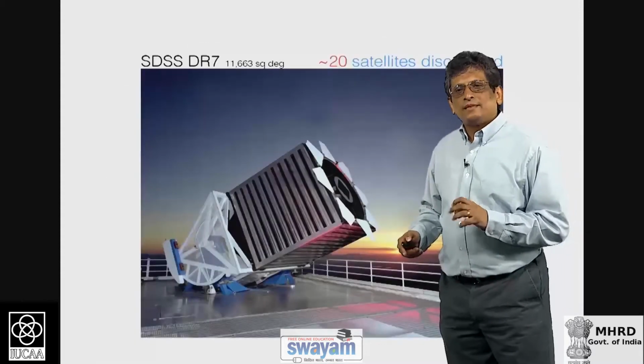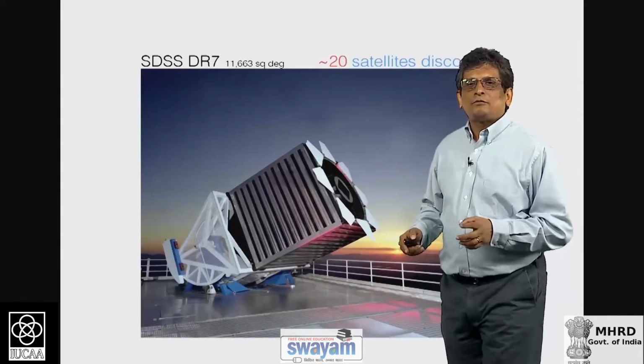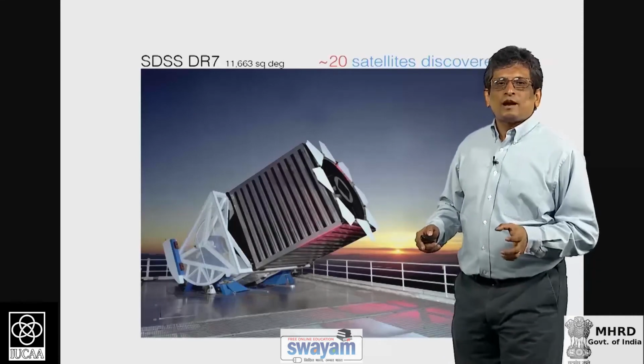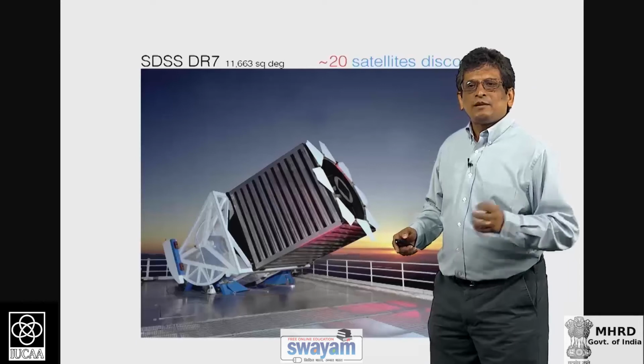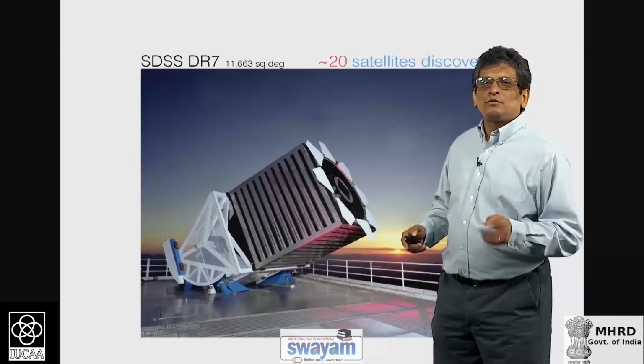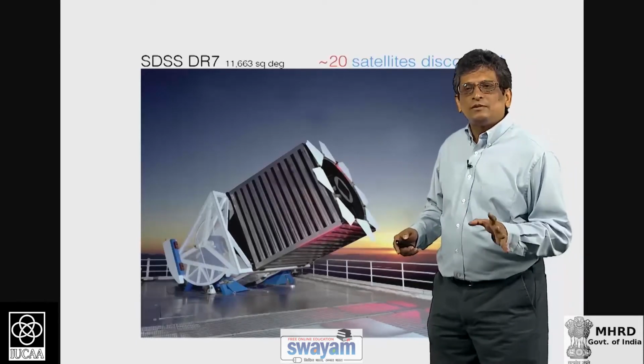And this is often done from what is known as the Sloan Digital Sky Survey. The DR7, the data release 7 of the Sloan Digital Sky Survey, has been used extensively.